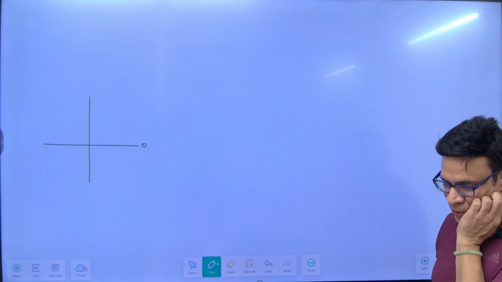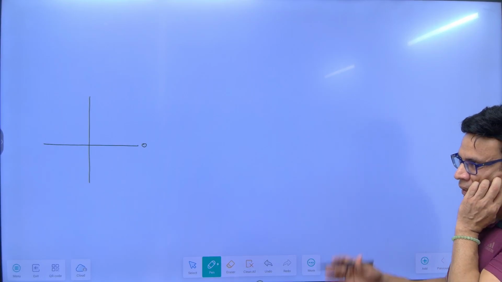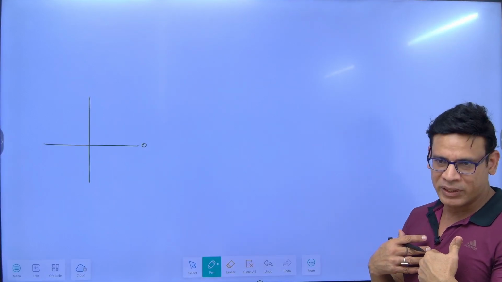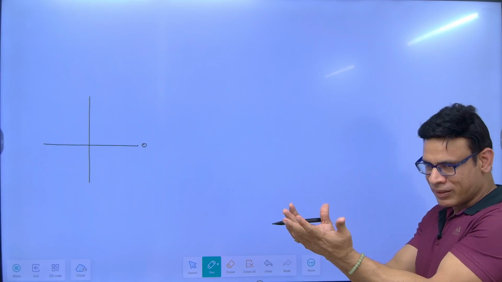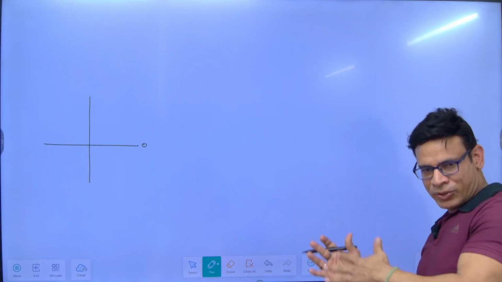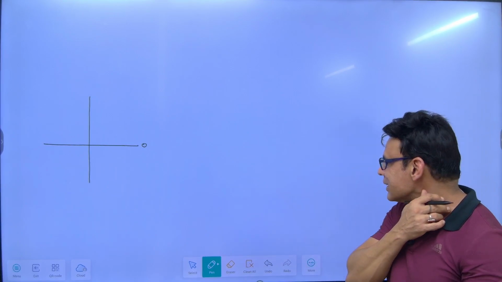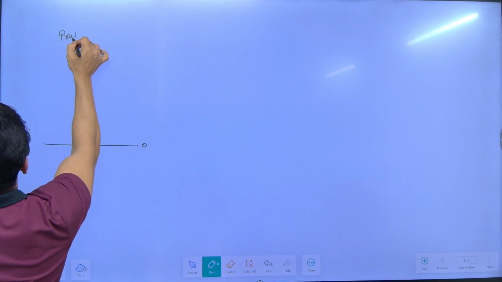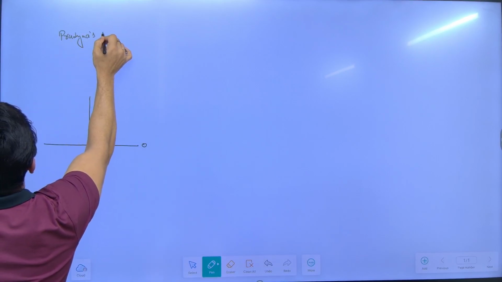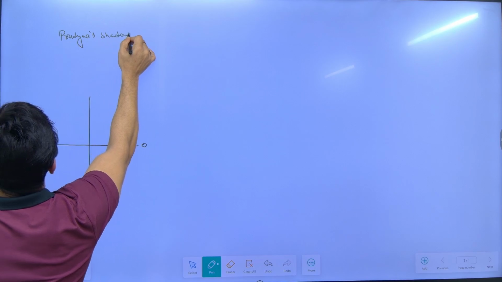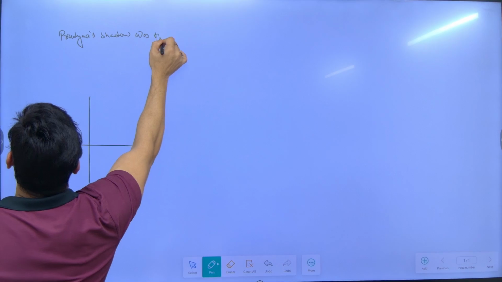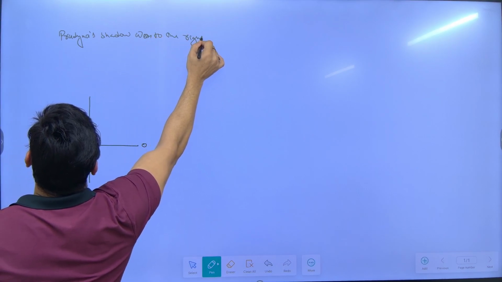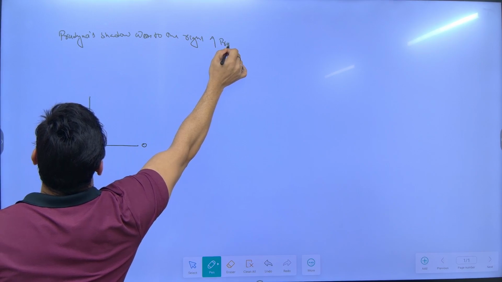Pradnya's shadow was to the right of Praveen. See, if the sun is on this side, right? If I am Praveen, I am talking to Pradnya, and if the sun is this side, the shadow will be on the left side. Pradnya's shadow was to the right of Praveen.